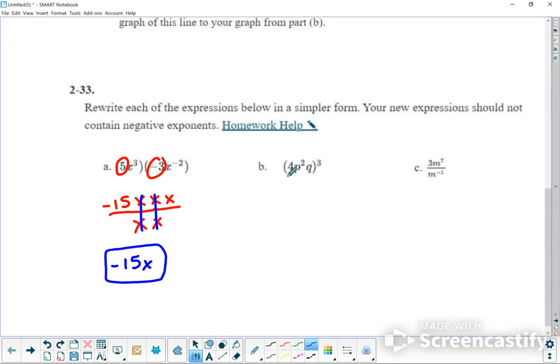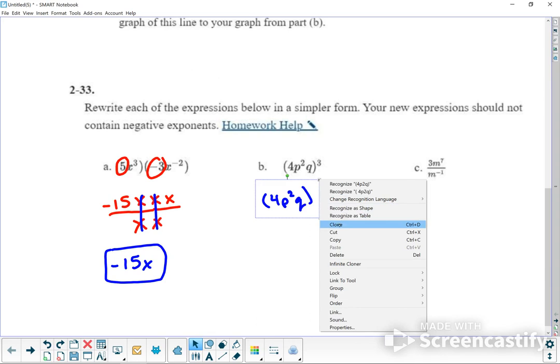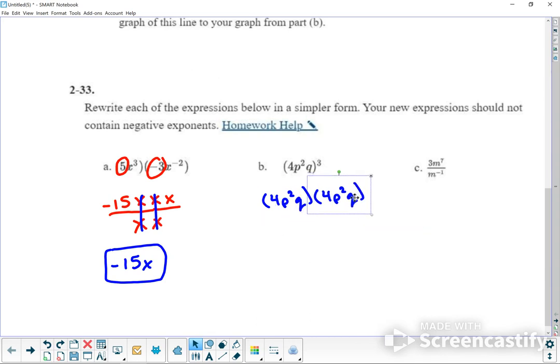Okay, this one is 4p squared q, but there are 3 of those. So it's going to be 4p squared q, and then there are going to be 3 of those. So that's 1, 2, 3.